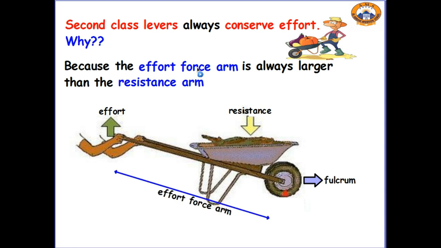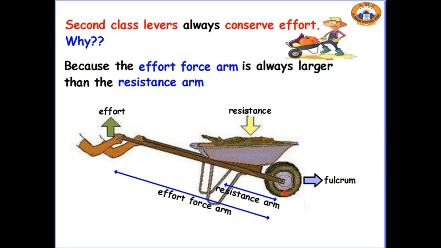Here is the effort force arm. And where is the resistance arm? It's the distance from the resistance, or this heavy object, to the fulcrum. Here is the resistance arm. Of course, as you can see, the effort force arm is longer than the resistance arm. So the F, or the effort force, will be smaller than the resistance, and that's what we need. So this lever will save effort.